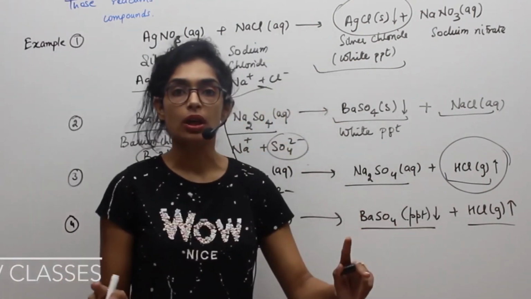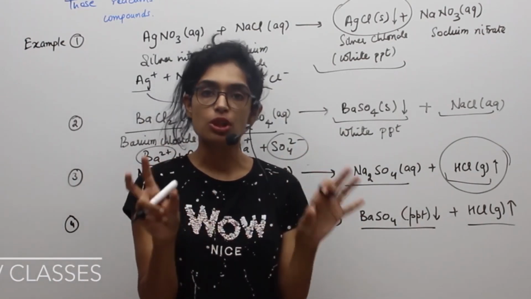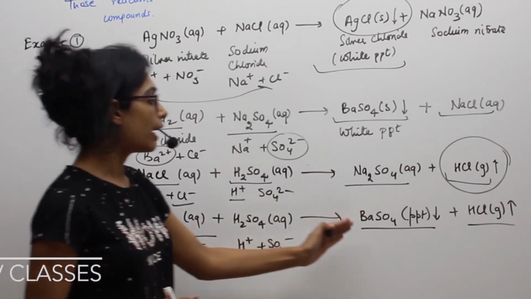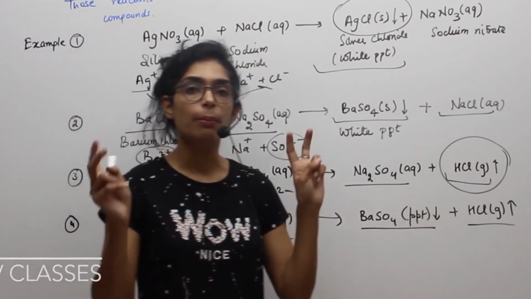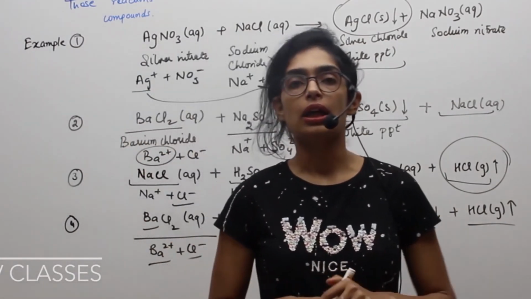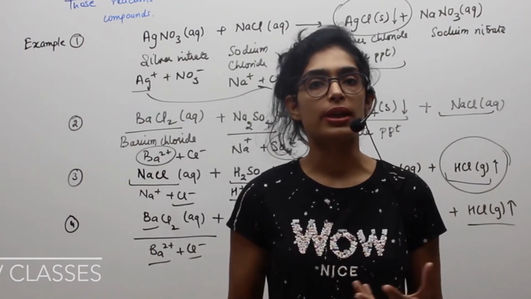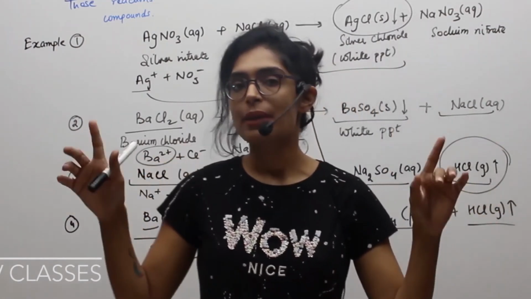So best situation, both of them have got converted into something which is much more stable and the bonds are much stronger than before, and it becomes precipitate, this becomes gas. So this is the example where both the products forming are either in the precipitate form or in the gas form, or one precipitate, one gas, and nothing is just lying in the solution as ions.